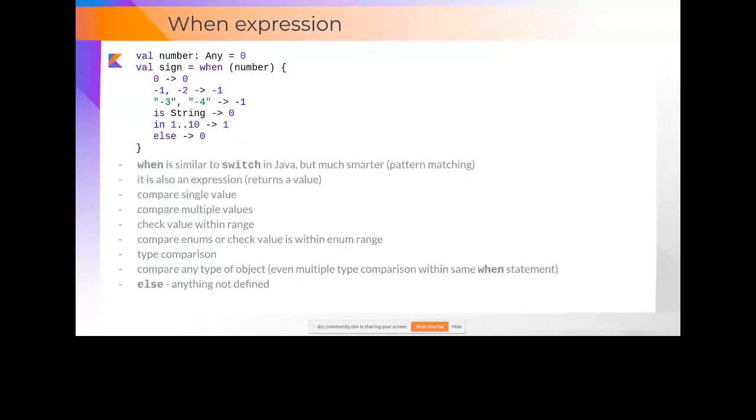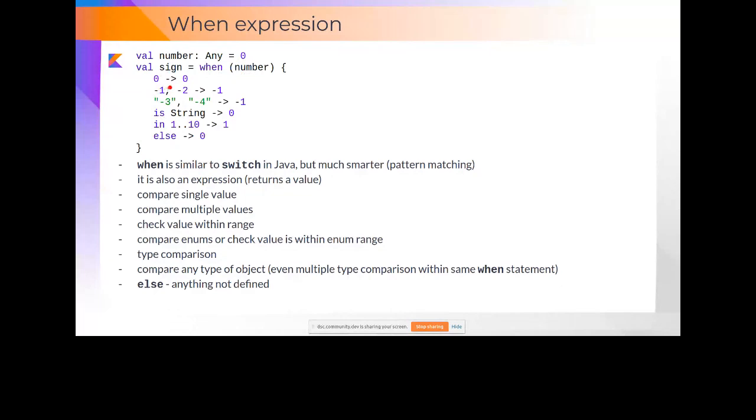And of course, when you would like to write complex conditions with multiple branches in Java, you would use a switch. In Kotlin, we use when, which is pretty similar to switch, but it's more powerful. It's much smarter. So we use this when keyword. You give a variable, and just like in switch, you have a lot of conditional branches.